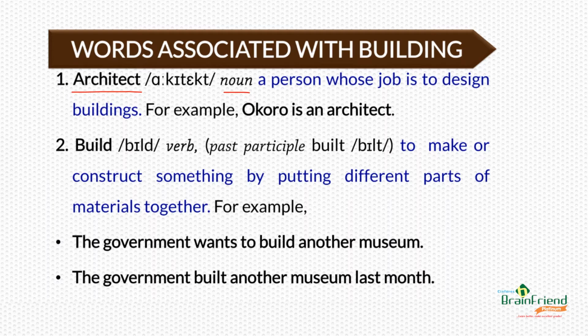Next, we have the word build, which in this context is a verb with the past tense built, which means to make or construct something by putting different parts of materials together. For example, the government wants to build another museum. Next, the government built another museum last month.